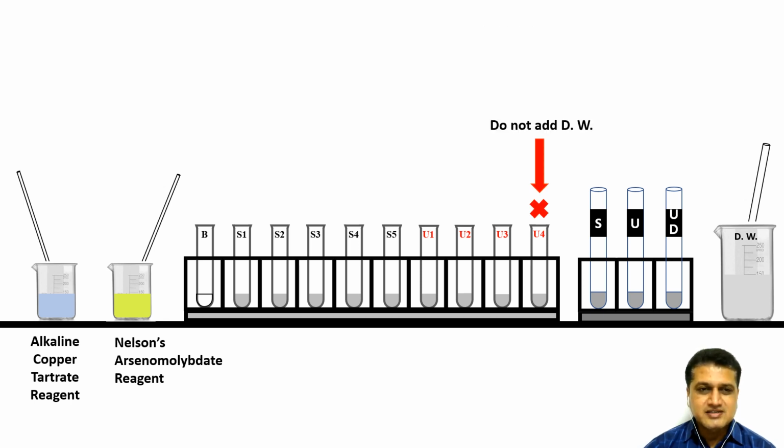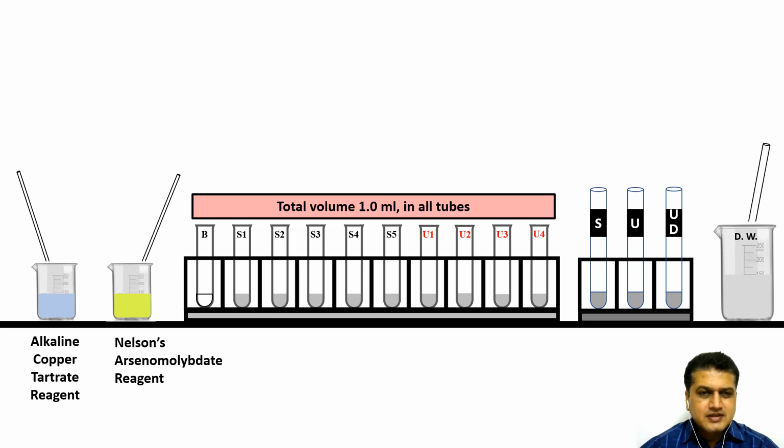And at last, again do not add distilled water in tube U4 because 1 ml unknown diluted glucose sample is already there in it. Thus, total volume 1 ml is set in all 10 test tubes.